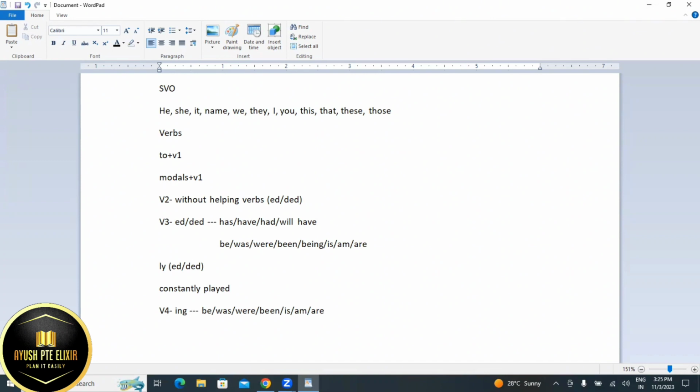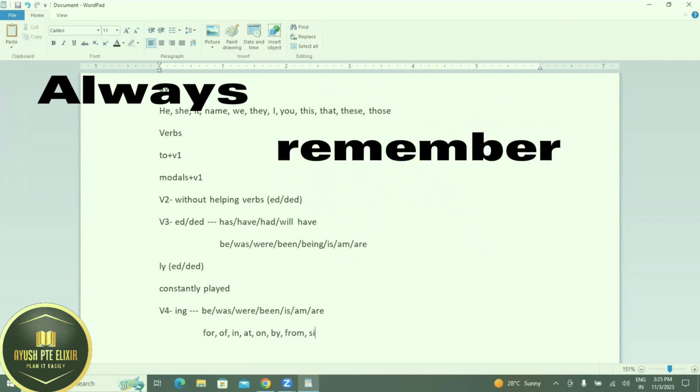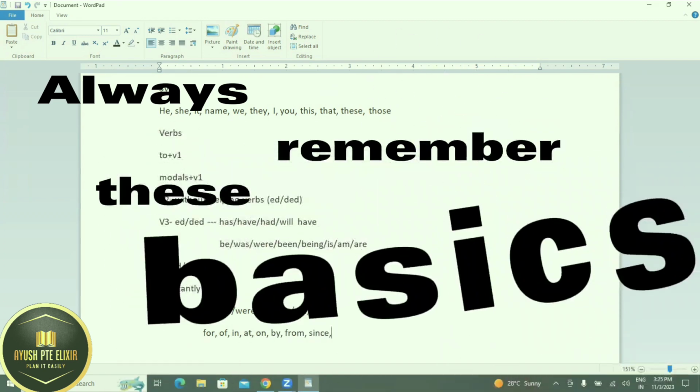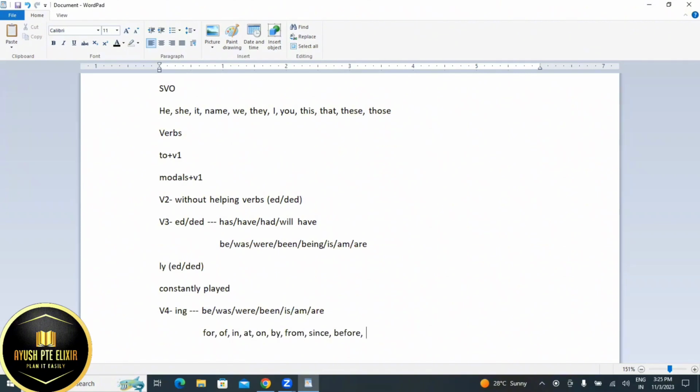Then we can go up to some of the prepositions, like for, of. Always remember that there is a comma and a space after the comma. For, of, in, at, on, by, from, since, before, after, with, within.